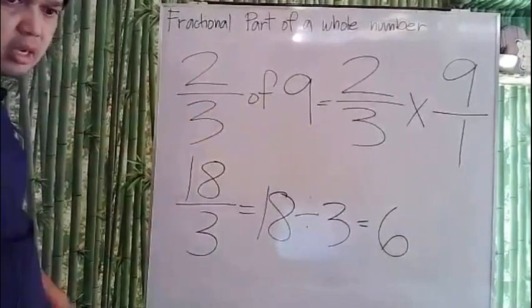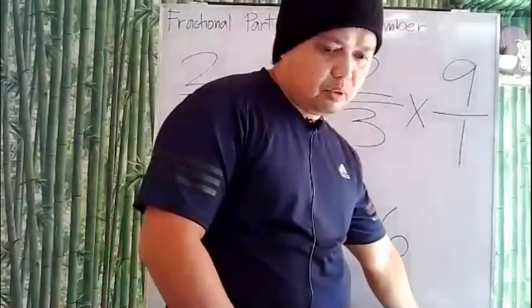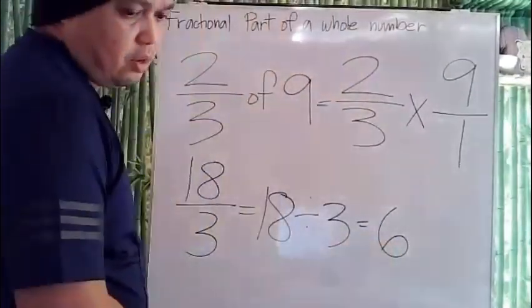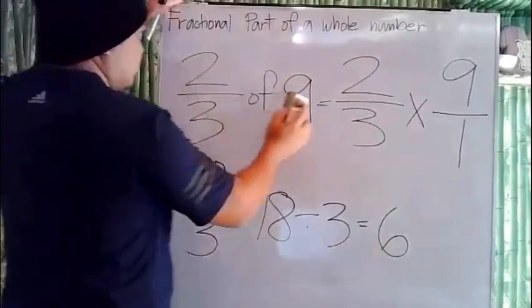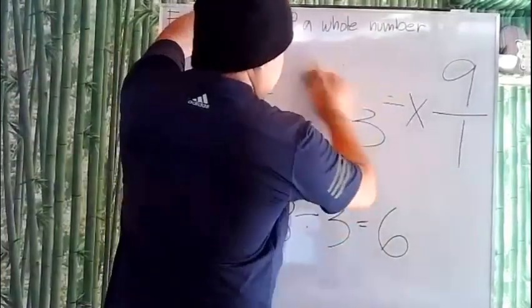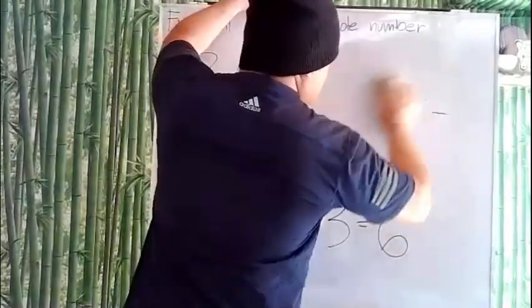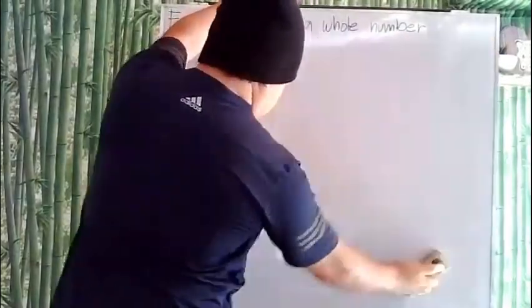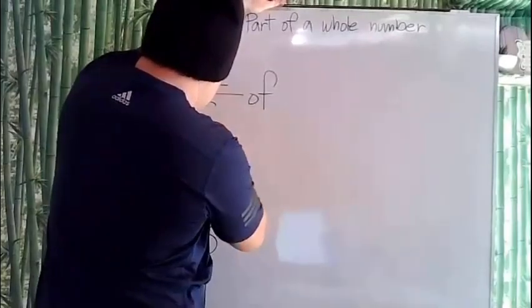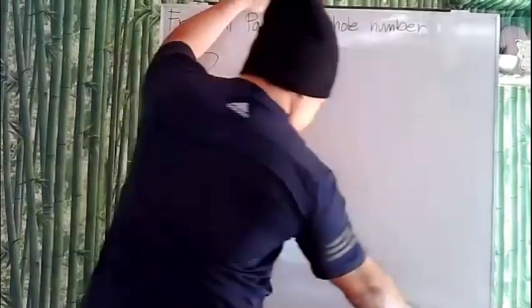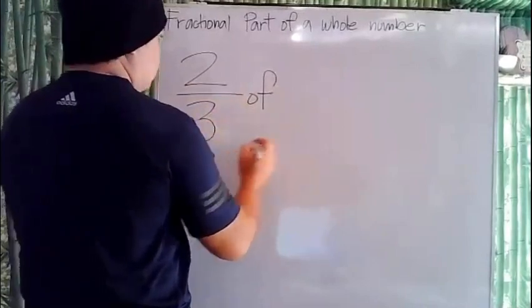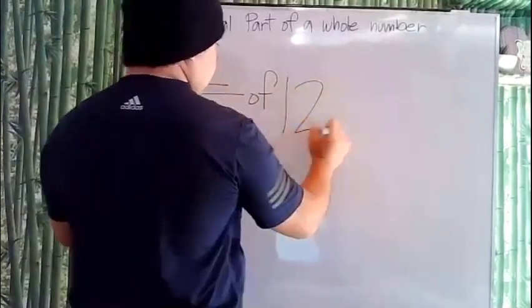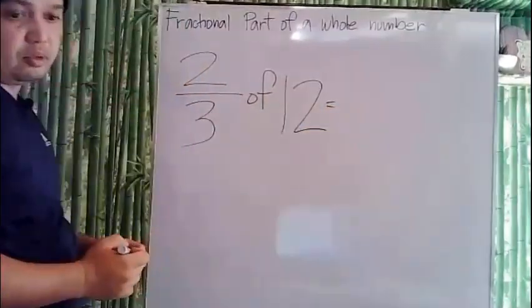Okay. So let's have some more examples. Let's have example number 4. How about we make the 2/3 of 9 here into 12. 2/3 of 12, for example.